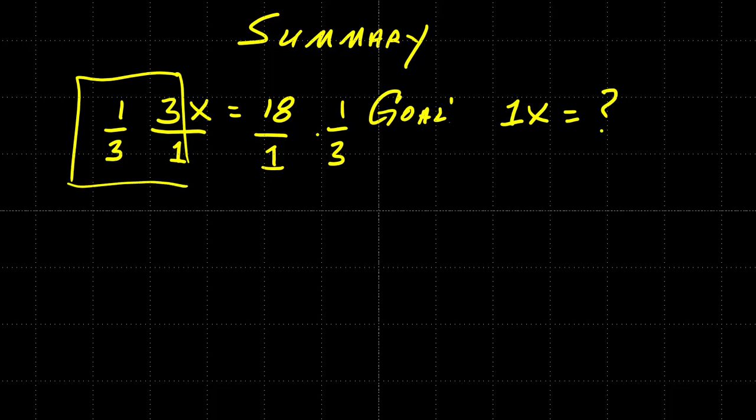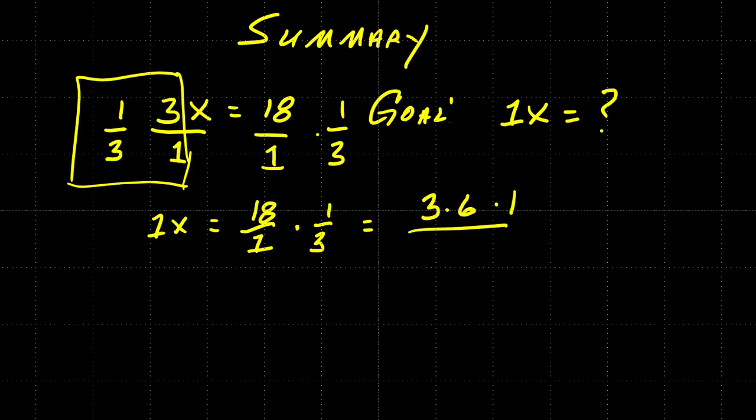We know by that property, the multiplicative inverse, that's automatically 1. So I have 1x equals 18 over 1 times 1 over 3. That's going to equal 3 times 6 times 1 divided by 3 times 1.